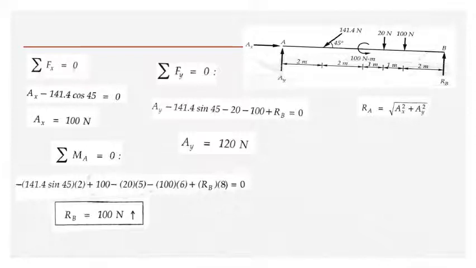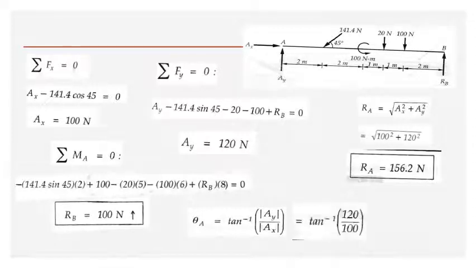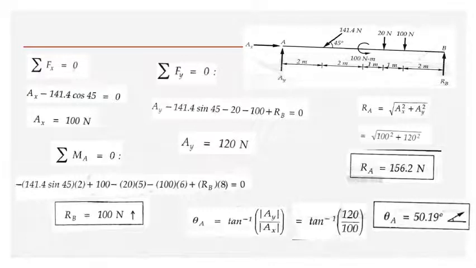So we know AX 100 Newton, AY 120 Newton. Substitute. We get RA as 156.2 Newton. And what is its angle of inclination? So theta A is equal to tan inverse AY by AX. AY is 120, AX is 100. Substitute, we get theta as 50.19.